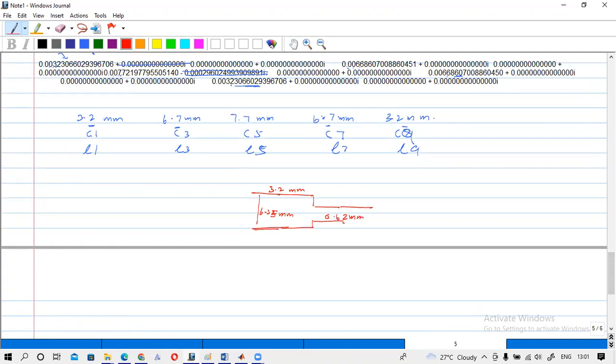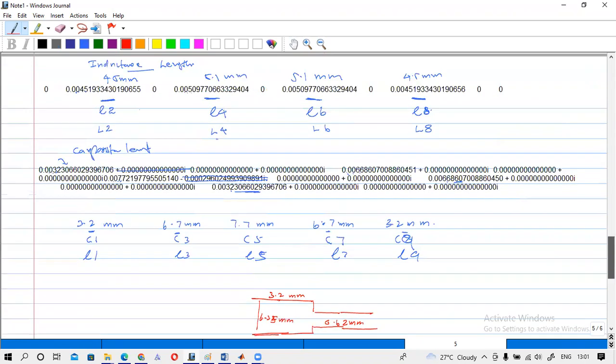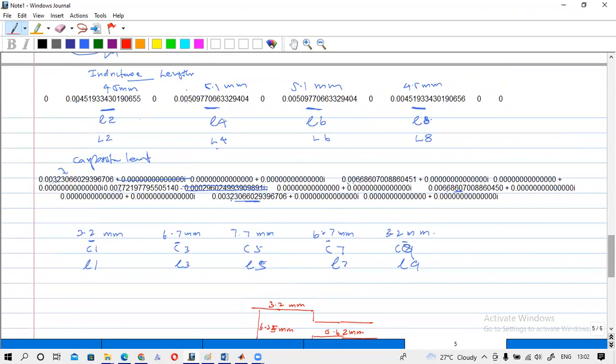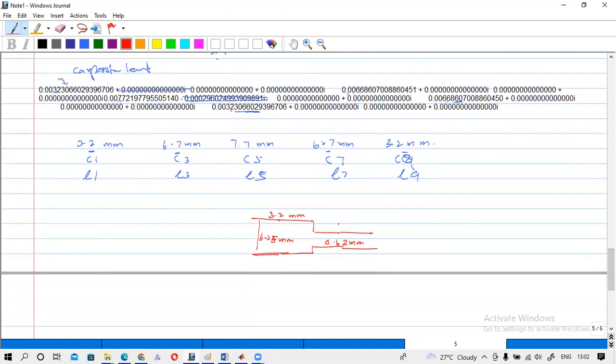So this will be an inductor. These are copper layers. What is the length of that? It is 4.5 millimeter. Then you will have again a low impedance section, that is 6.35 millimeter width.